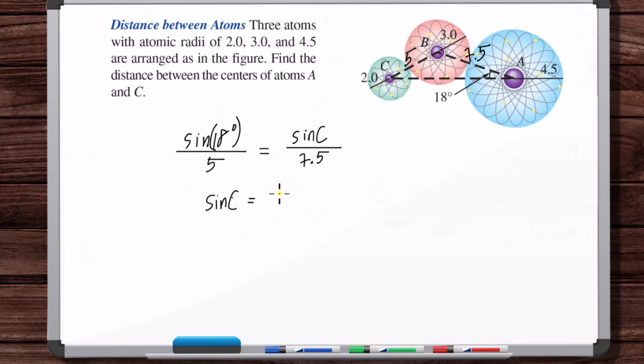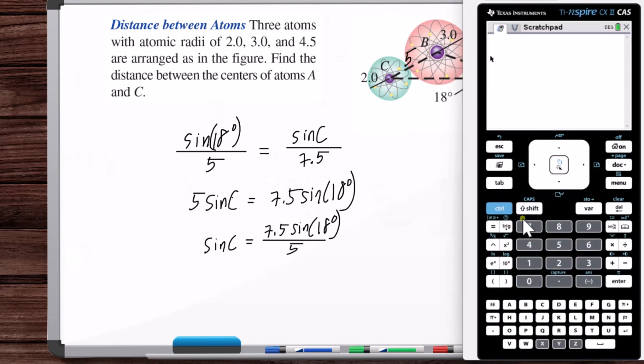We've got 5 times sine of C is equal to 7.5 times sine of 18 degrees. So sine of C is 7.5 times sine of 18 over 5.